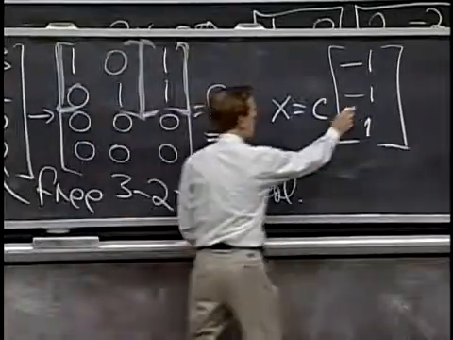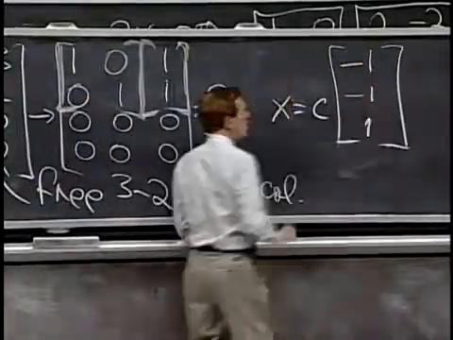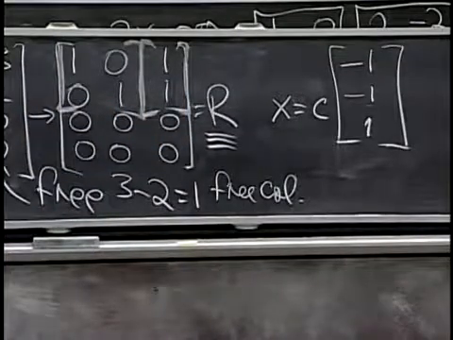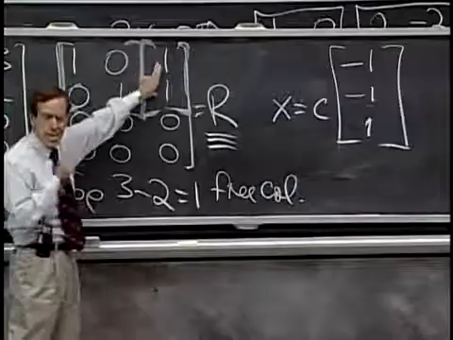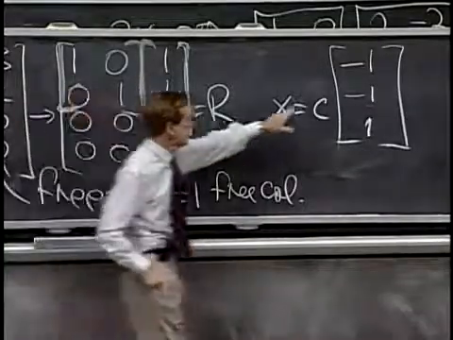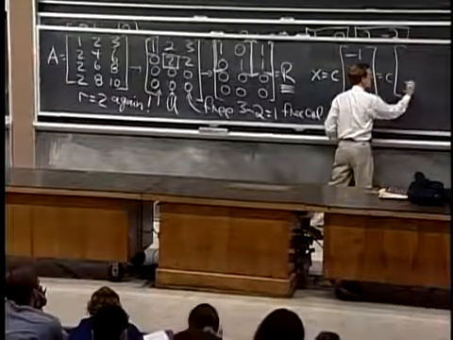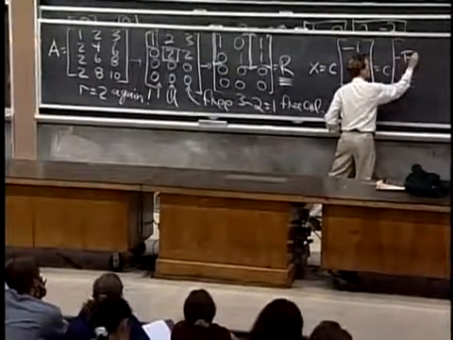And what does it have in the pivot variables? What did back substitution give? It gave minus these guys. This is the identity there, and this is minus F here.